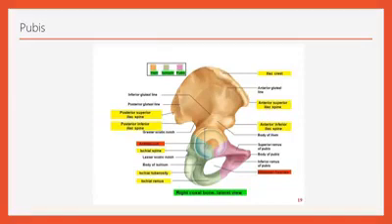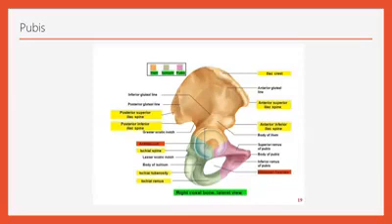Now let's come to the ramus of the pubis. Pubis has mainly two rami. They are the superior ramus and the inferior ramus. The superior ramus has three borders. They are the anterior crest or obturator crest, the superior border or pectineal line, and the inferior border.